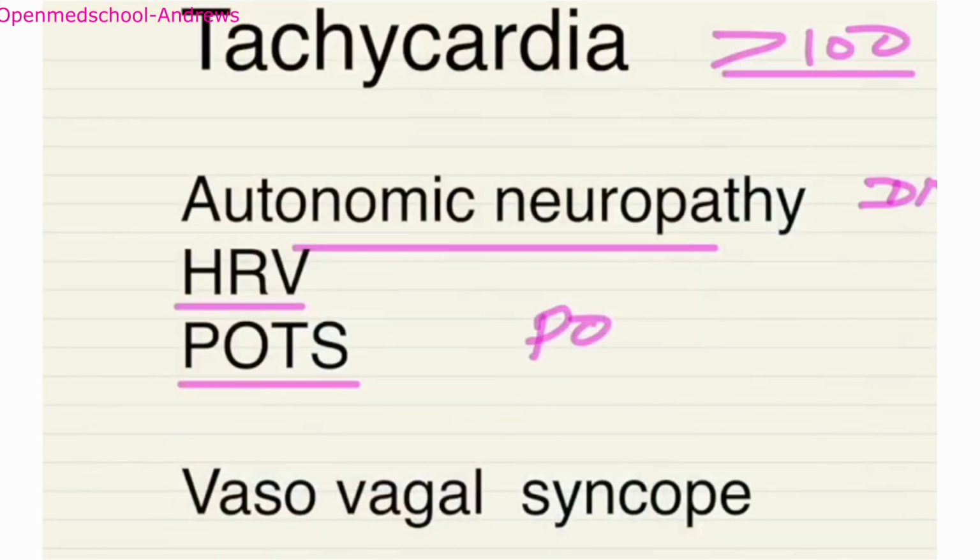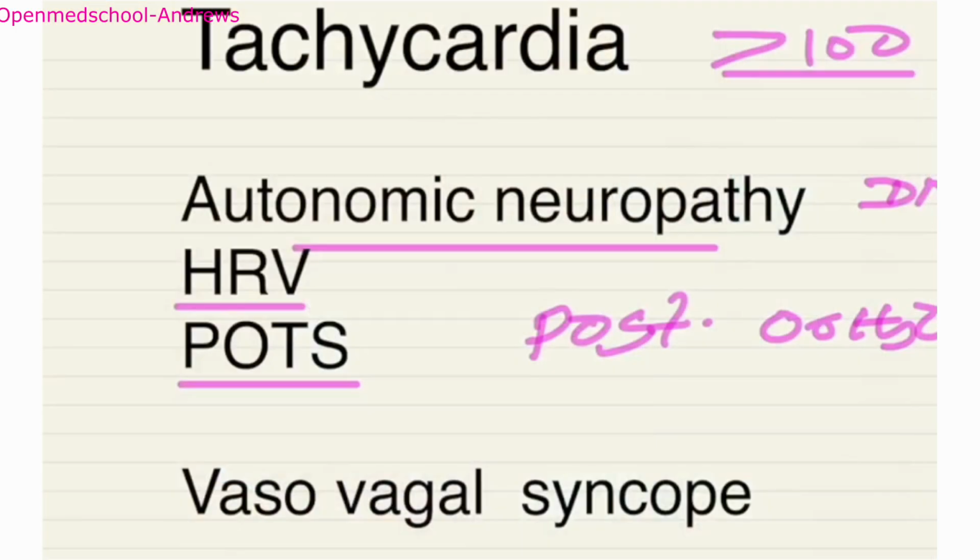Another important condition is POTS, otherwise called postural orthostatic tachycardia syndrome. That is when the patient goes up from the recumbent position, they develop giddiness. That is due to autonomic dysfunction. This can occur following a prolonged illness or bed rest.